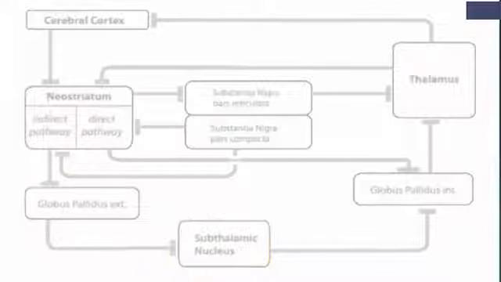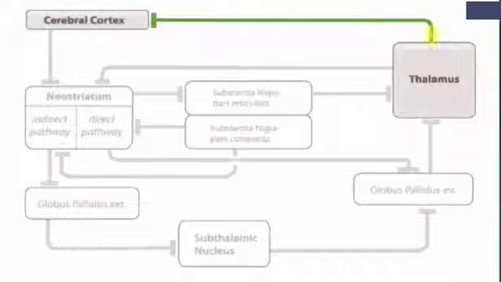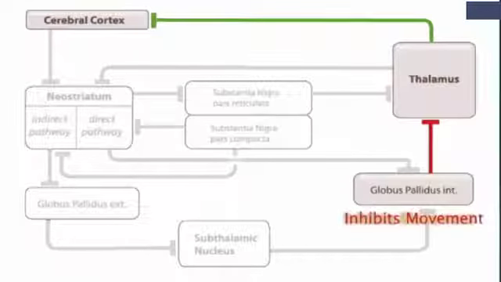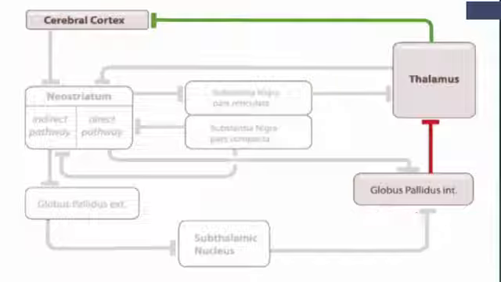Let's go through these, working backward from the internal globus pallidus. The thalamus still sends its excitatory signal to the cortex, and the internal globus pallidus sends its inhibitory signal to the thalamus, which inhibits the thalamus. Remember, the internal globus pallidus inhibits movement. The subthalamic nucleus sends an excitatory signal to the internal globus pallidus. This stimulates the internal globus pallidus and inhibits movement further.